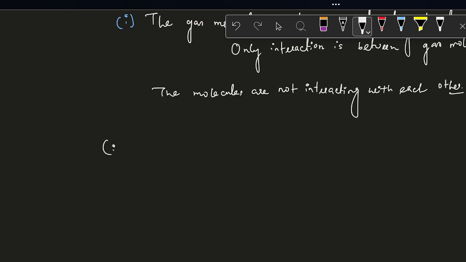And the second and crucial assumption that was followed is that the molecules are so small. Obviously the gas molecules will be very small, but in the ideal gas assumption it is assumed that the molecules are so small that in comparison with the total volume of the container in which the gas is placed, the gas molecules have almost negligible volume, as if they do not occupy a significant volume of the whole container.